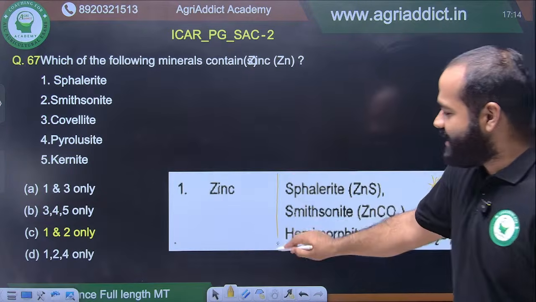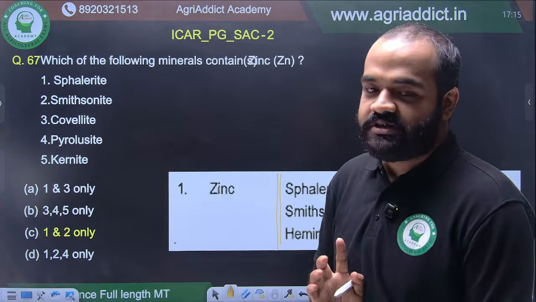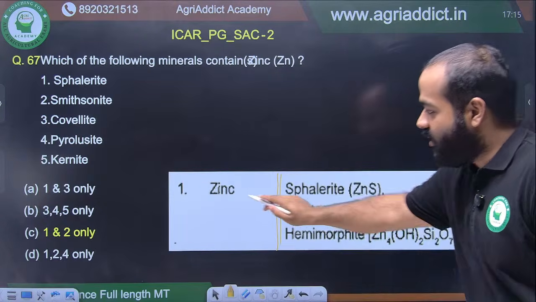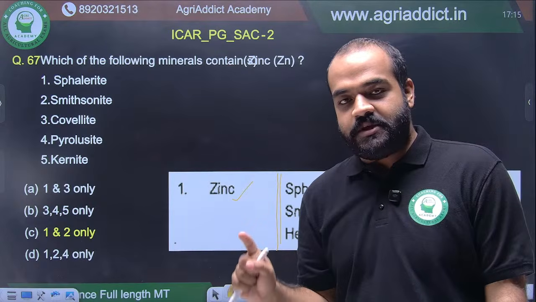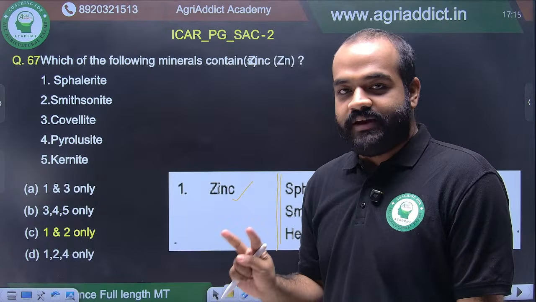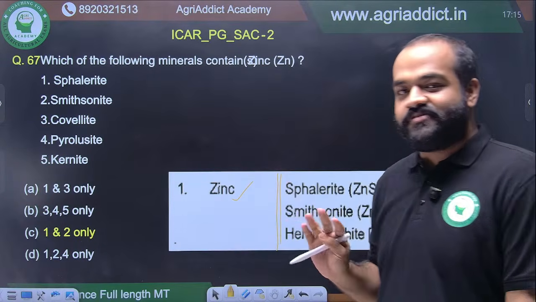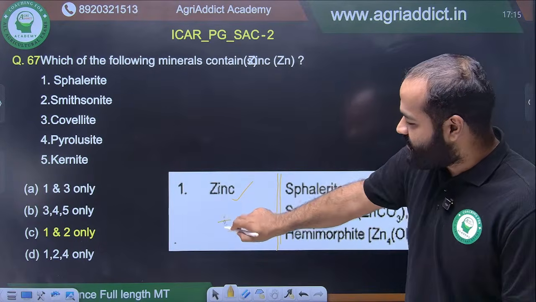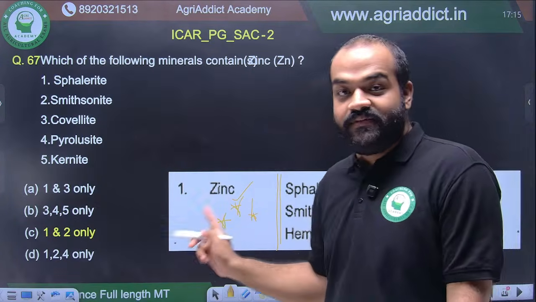Even if you don't remember all the minerals, at least the most important 2 or 3 you should remember, of all the nutrients, not only zinc. Maximum questions come from zinc, from molybdenum, all right, from copper. These 3 are the most asked nutrients in the exam. So this table you must read very well, all right? This is very, very important.